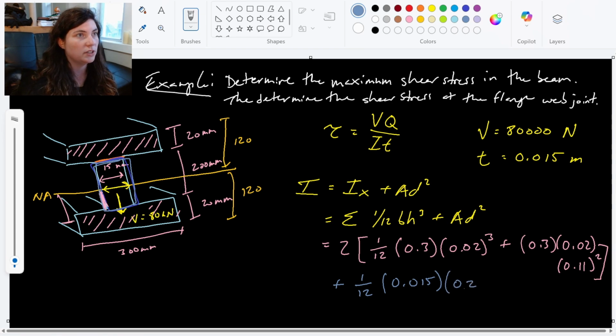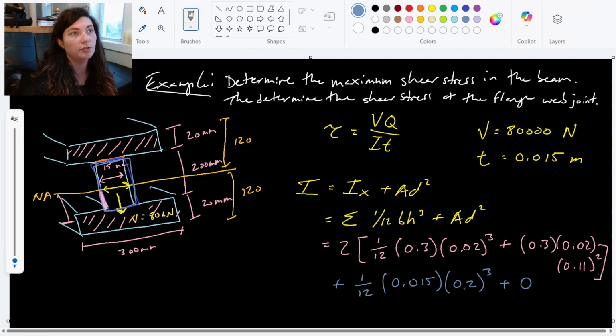So 0.2 cubed. And then notice, since the centroid of this rectangle and the centroid of the overall shape are the same, the d is actually 0. There's no d term since the centroids overlap. They have the same centroid. There's no distance between the centroids, so there's actually no added term on here.